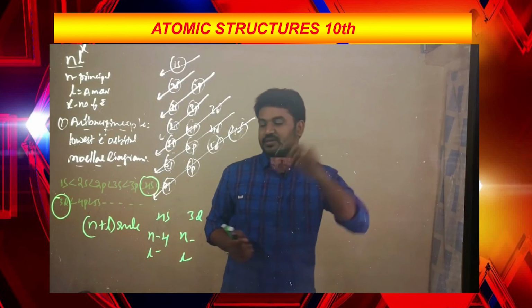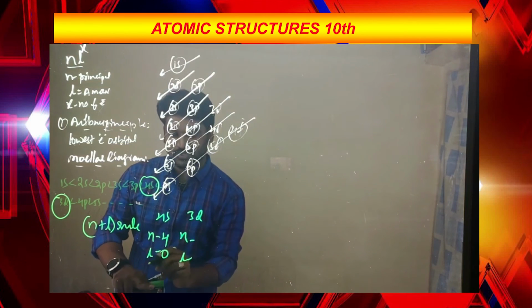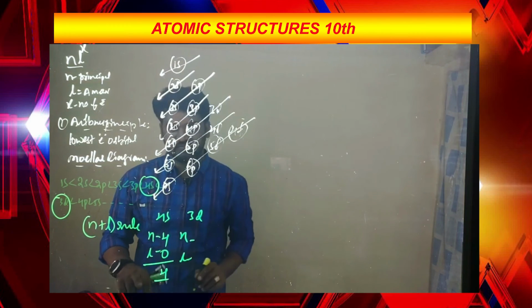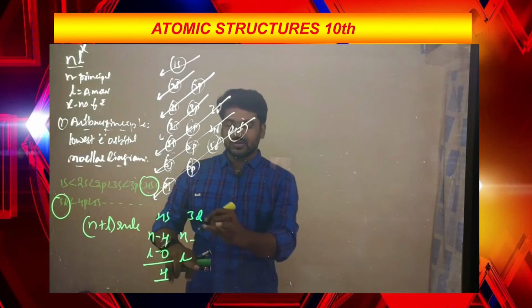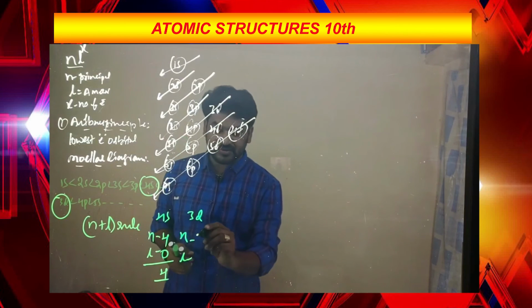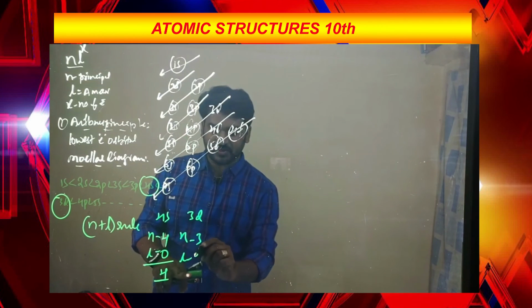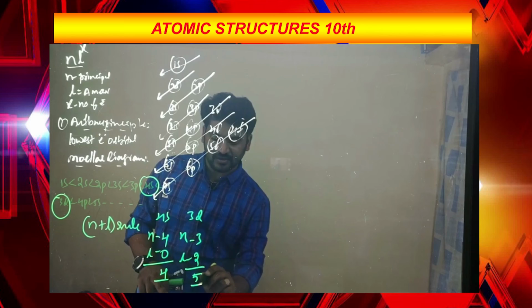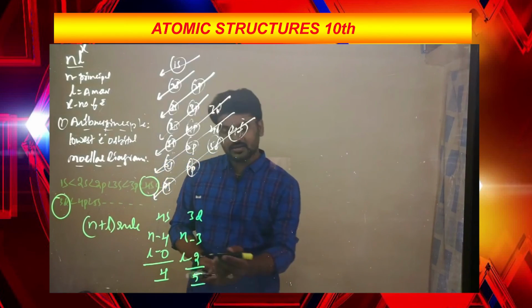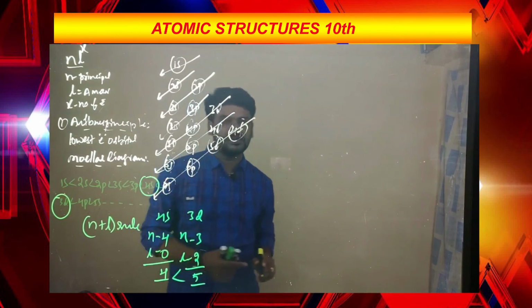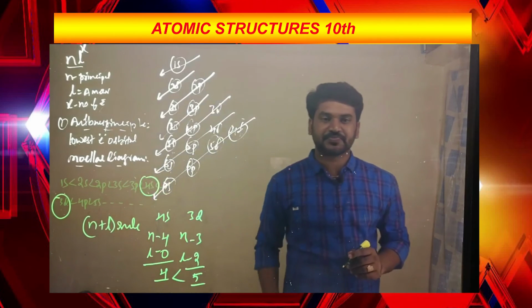So n plus L will be 4. Now coming to 3d, n value will be 3, L value will be 2. Then it will be 5. Who is higher here? Obviously 3d is higher. So 4s is filling first.